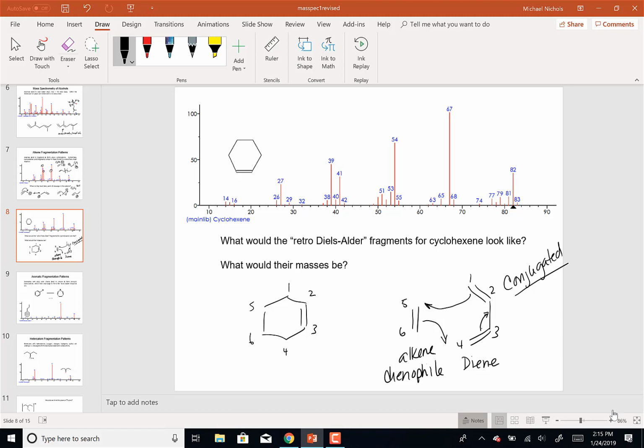So if you started talking about Grignard reactions in lecture, what you're going to find is that a Grignard reaction is a great way to make a carbon-carbon single bond.